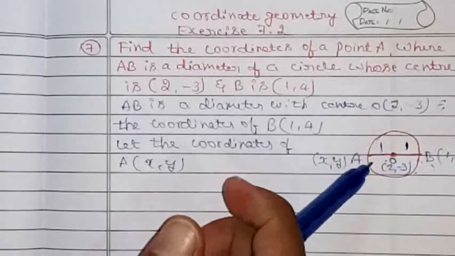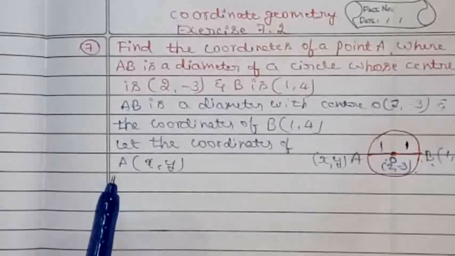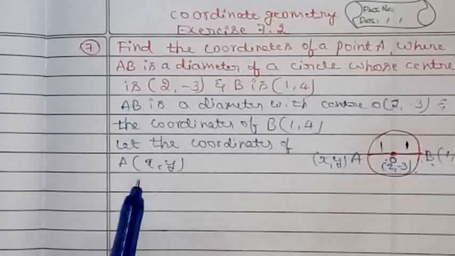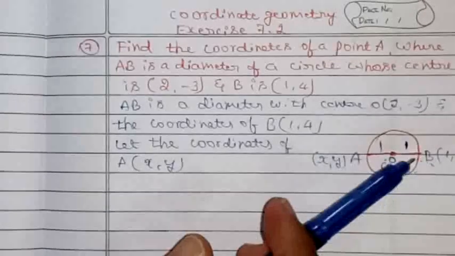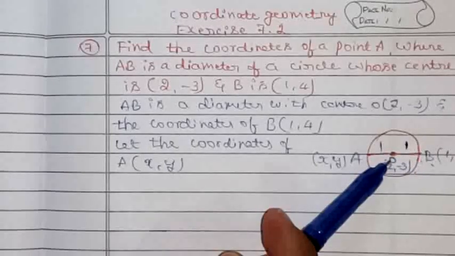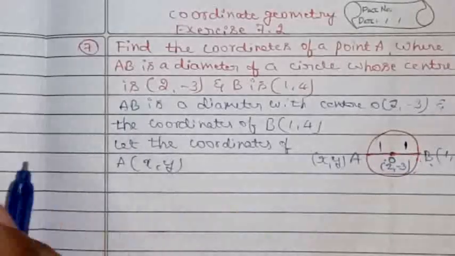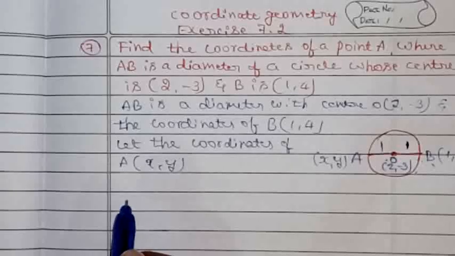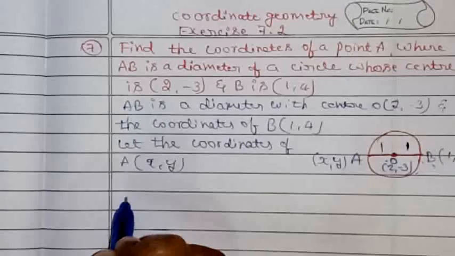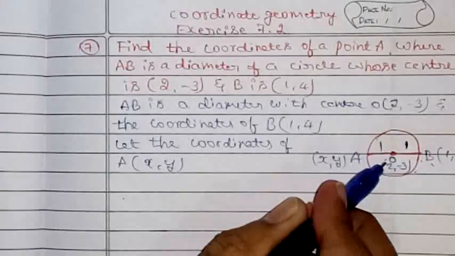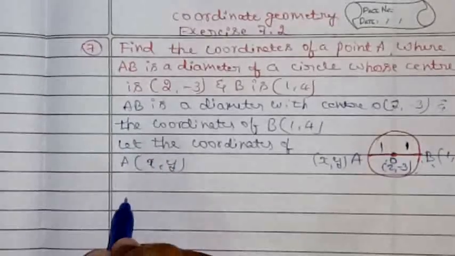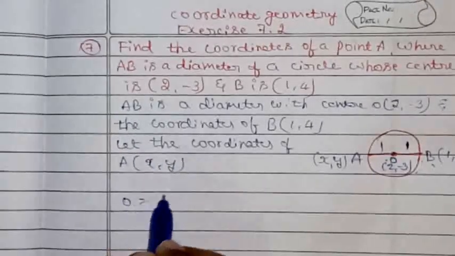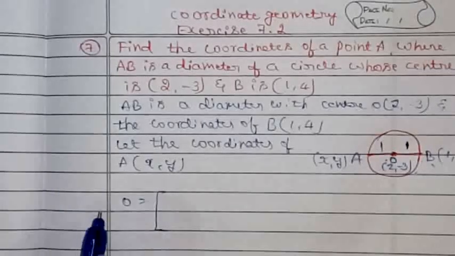So the coordinates of A (x, y) can be found by using the formula for the coordinates of the midpoint O, right children? So let me write O is equal to, now what is the formula?